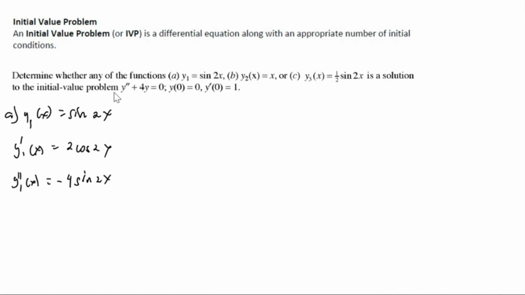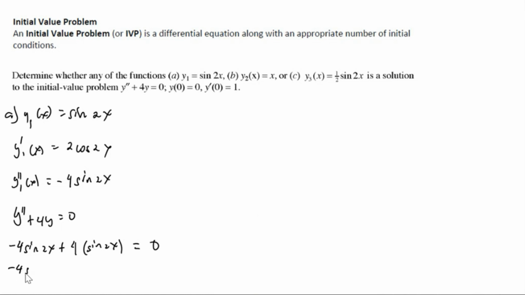So by substitution to the differential equation, we have y double prime plus 4y is equal to 0. So write the meaning of y double prime, which is negative 4 sine 2x, plus 4 times the value of y, which is the original given, sine 2x, is equal to 0.